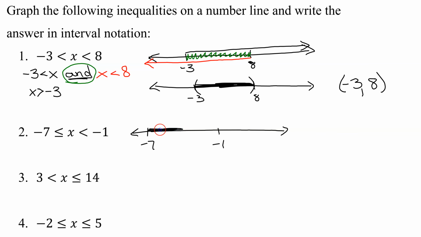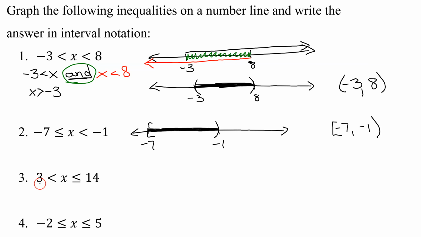I'm going to shade everything in between those two numbers. And now on my endpoints, x can equal -7, so -7 is included. We put a square bracket. X cannot equal -1, so I'm going to put a parenthesis. So there's my graph, and what does my interval look like? Square bracket, -7, comma, -1, parenthesis.